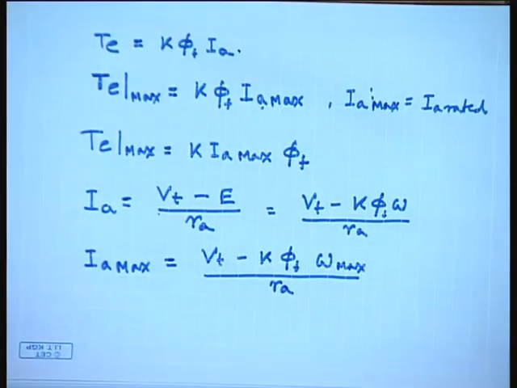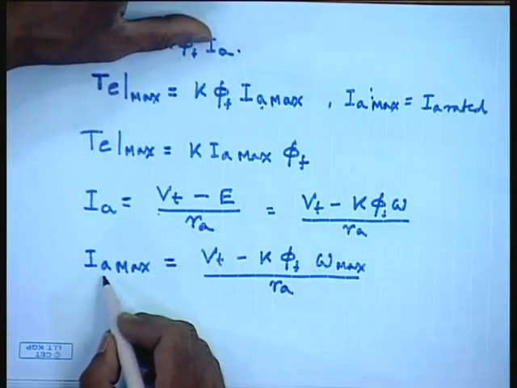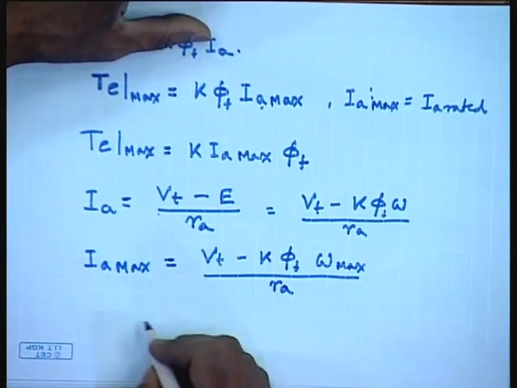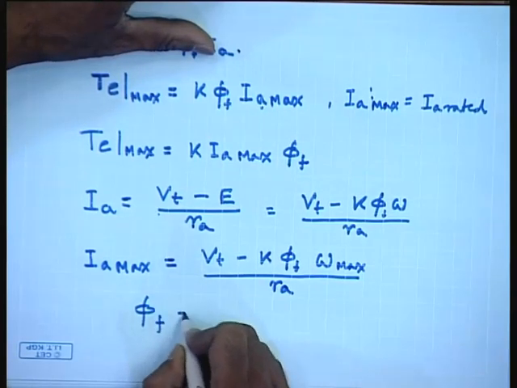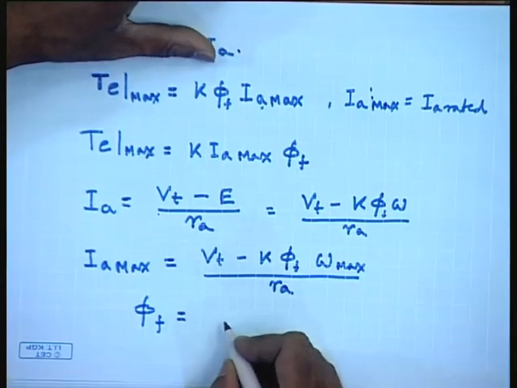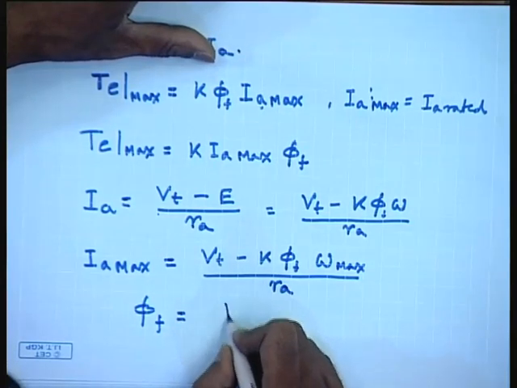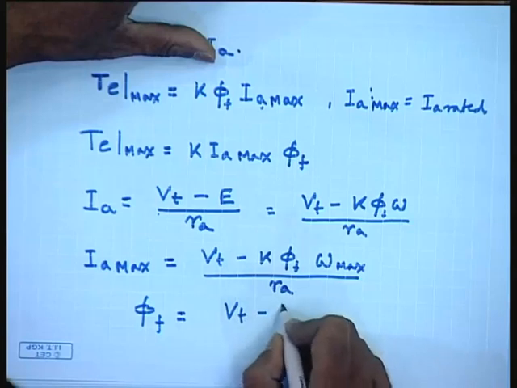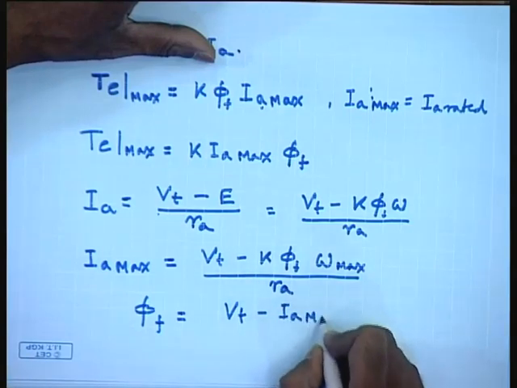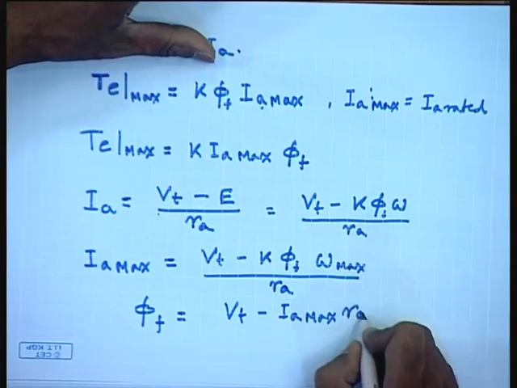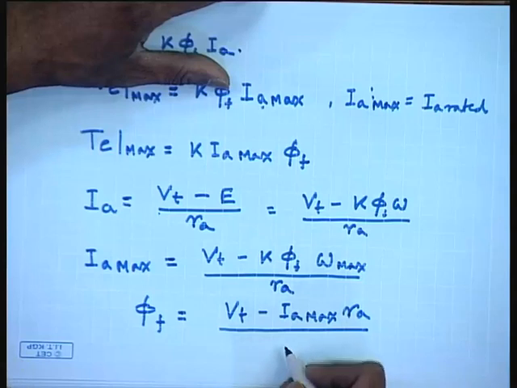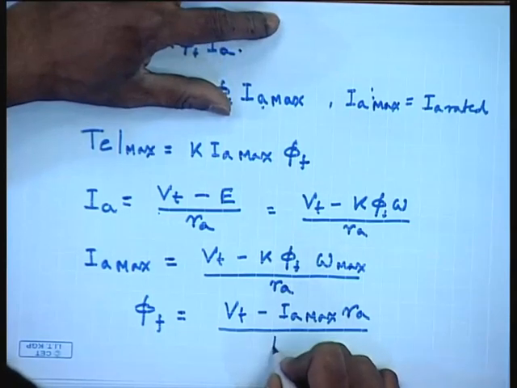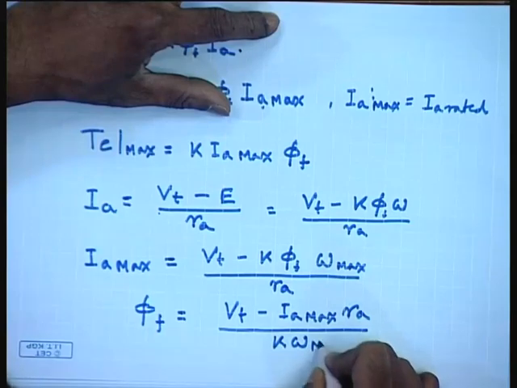So, what is phi f? For a constant value of IA, what is the relationship between IA, phi f and omega? Phi f equal to VT minus IA max RA by K omega max.